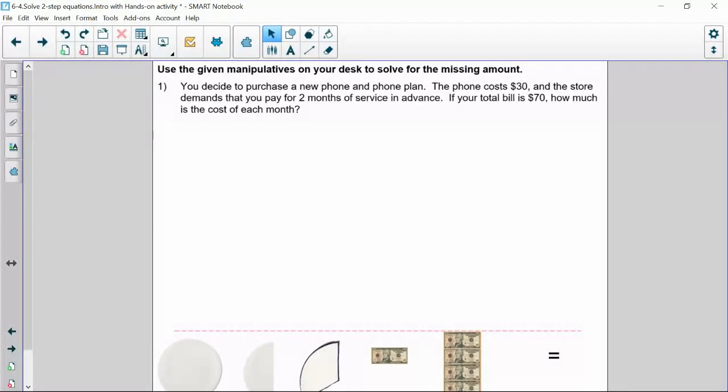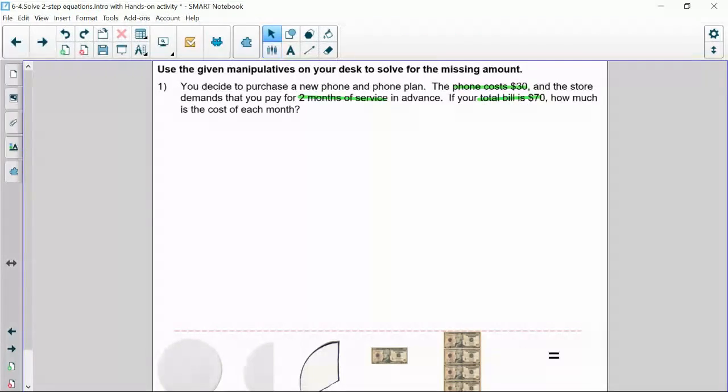As with any problem, we need to look for the important information. The important information that they gave us: how much does our phone cost, being $30? We're paying 2 months of service and our total bill is $70.